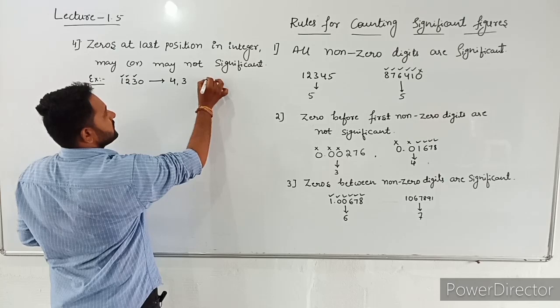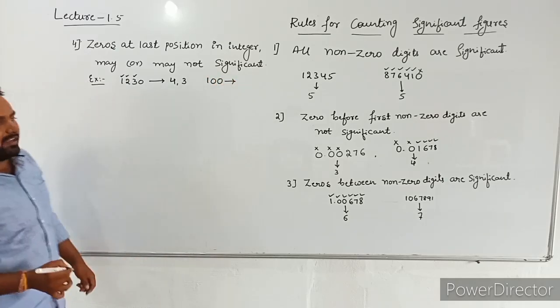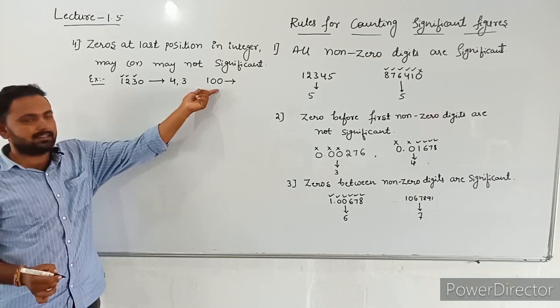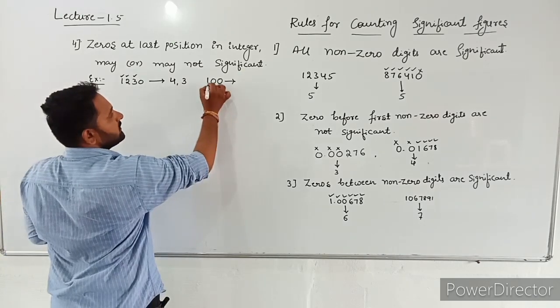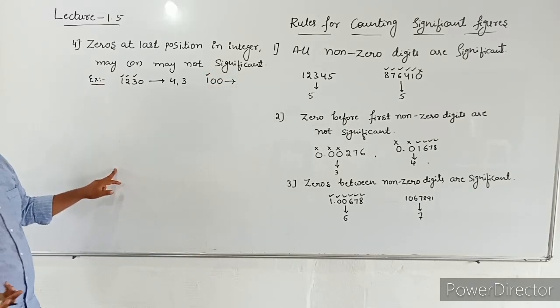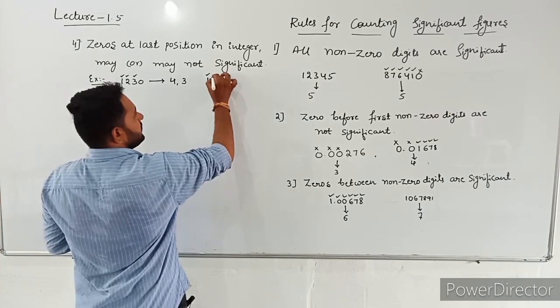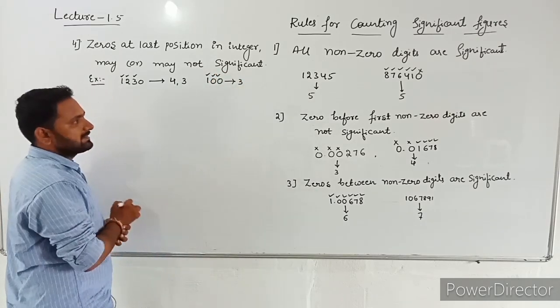Okay, next one more example, 100. Now tell me how many significant figures are present in this number. Let us check. This is significant. These may or may not be considered. If you consider these significant, then the number of significant figures is 3.